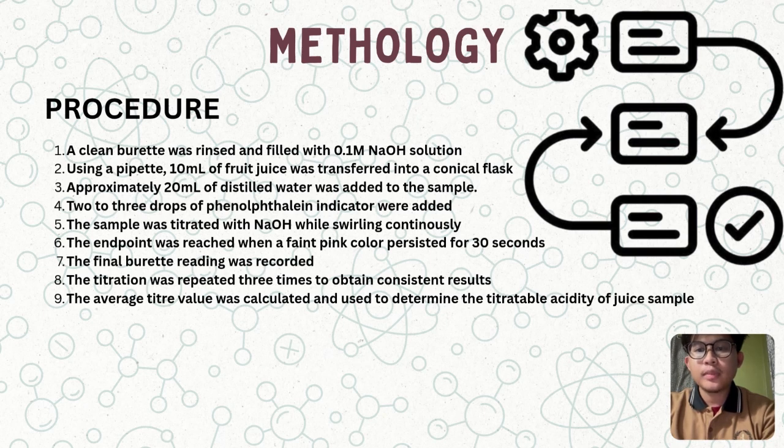Step 2, using a pipette, 10 ml of fruit juice was transferred into the conical flask. 3, approximately 20 ml of distilled water was added to the sample. 4, 2 to 3 drops of phenolphthalein indicator were added. 5, the sample was titrated with NaOH with continuous swirling. 6, the endpoint was reached when a faint pink color persisted for 30 seconds. 7, the final burette reading was recorded. 8, the titration was repeated 3 times to obtain consistent results. And the last step, the average titrant value was calculated and used to determine the titratable acidity of the fruit juice.